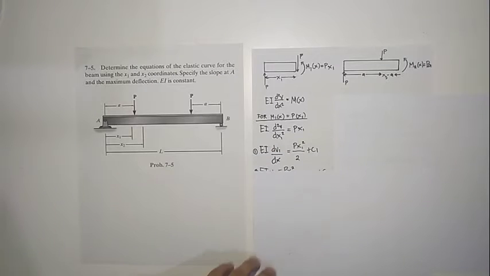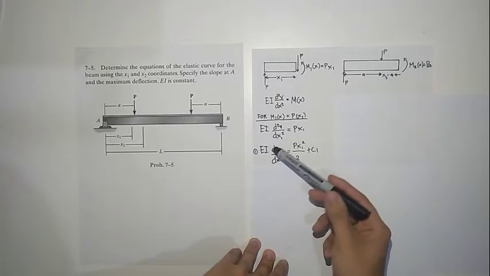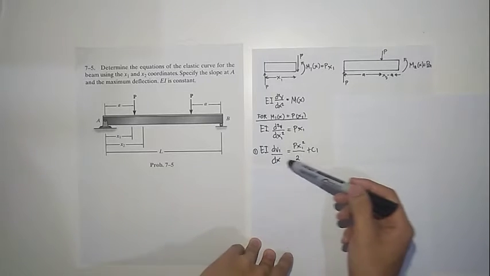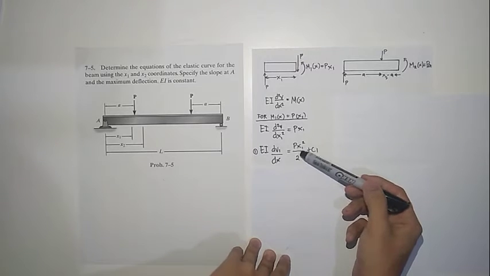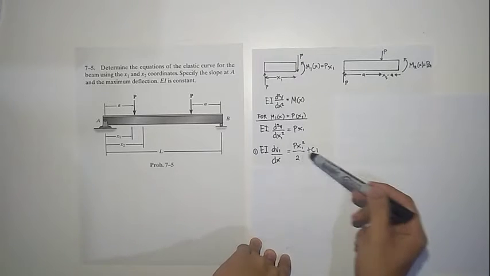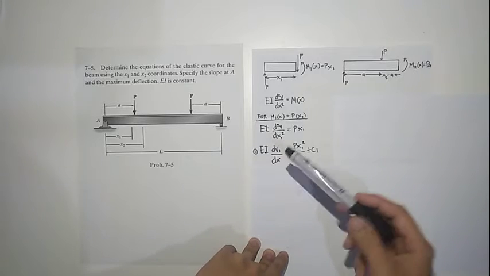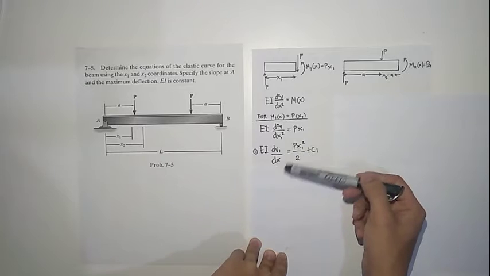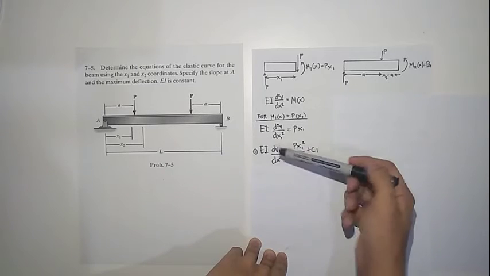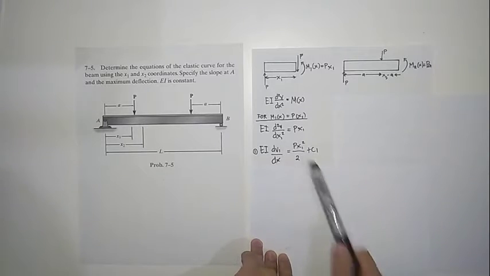So, first po ay EI dv1 over dx, the first derivative, is equals to P x1 squared over 2 plus C1. So, nakita po natin na i-derive na po itong P x1. So, pag derive, in-integrate po, kaya po nakuha natin ang P x1 squared over 2 plus C1.